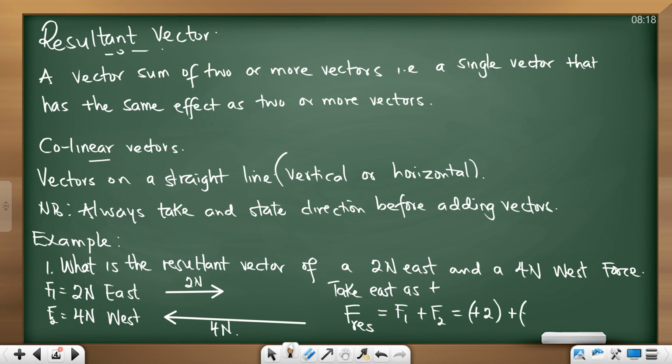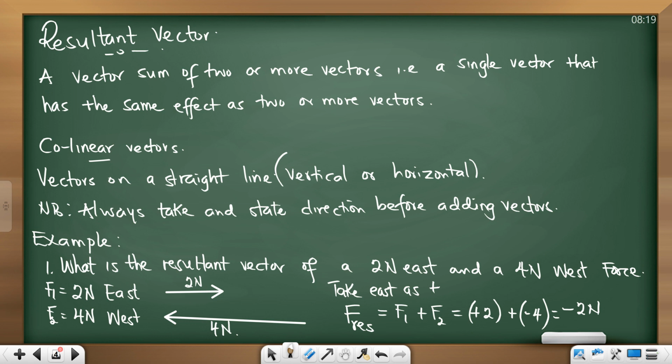Negative 4. Right? Why negative? Because it's to the west. And we chose east as positive. So what's our answer? Negative 2 Newton. But we don't leave our answer as negative.